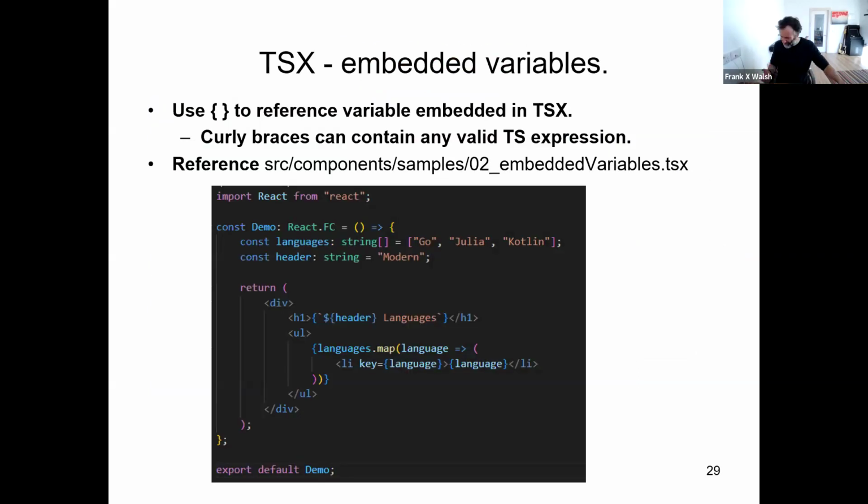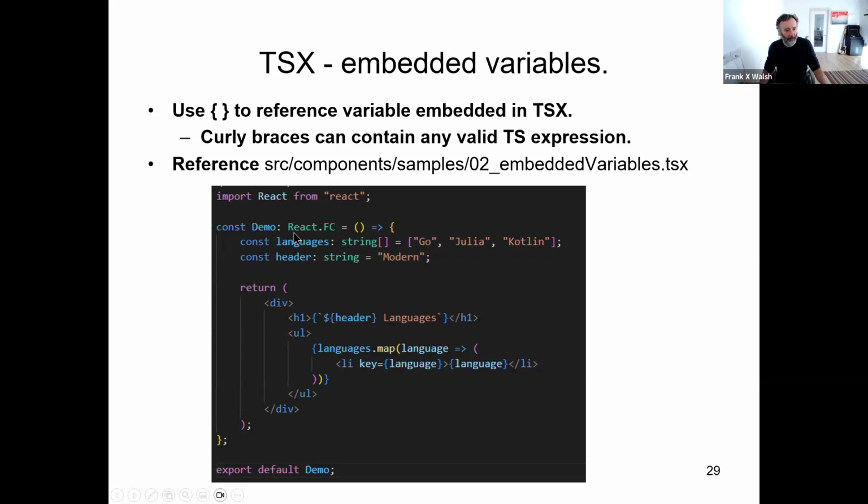So up to now, the TSX component that we had was fairly static, right? I talked about this tight coupling of TypeScript with your HTML and user description. So let's see how you would do that. This is another React component here, okay?